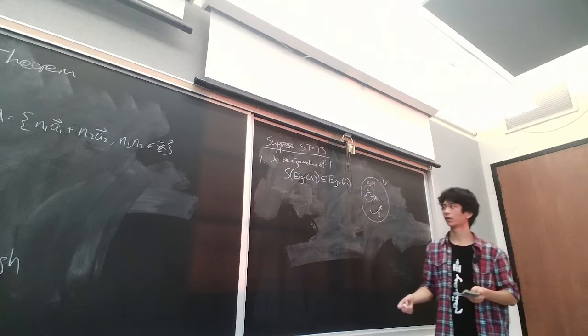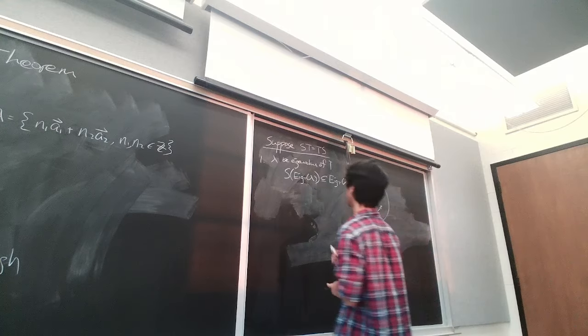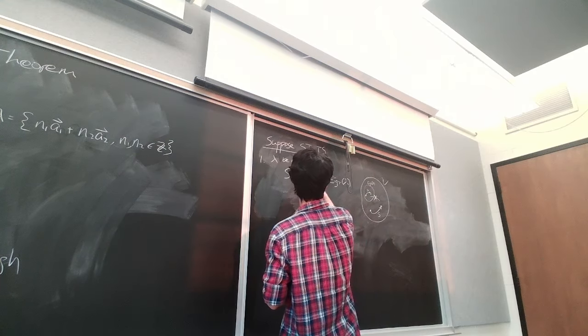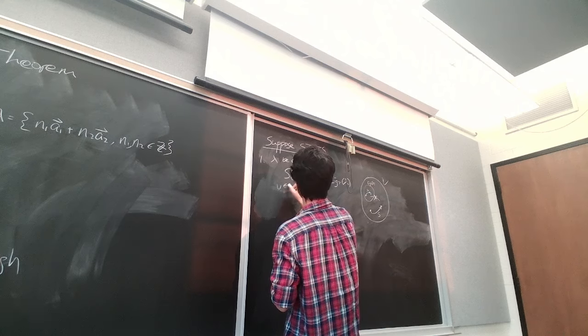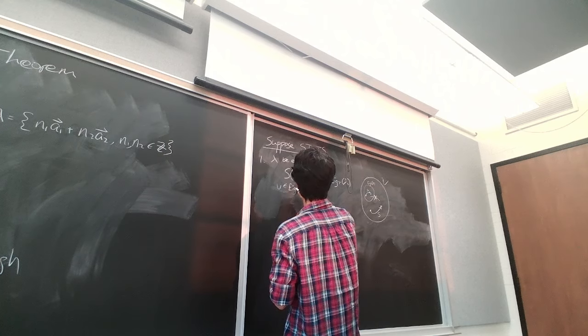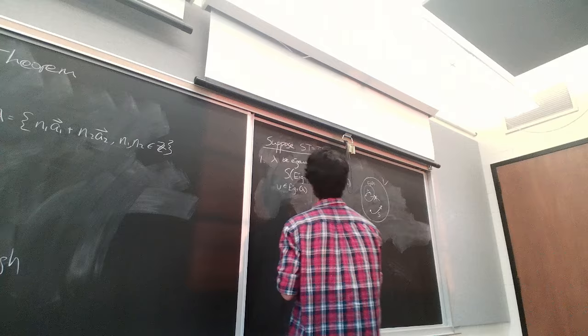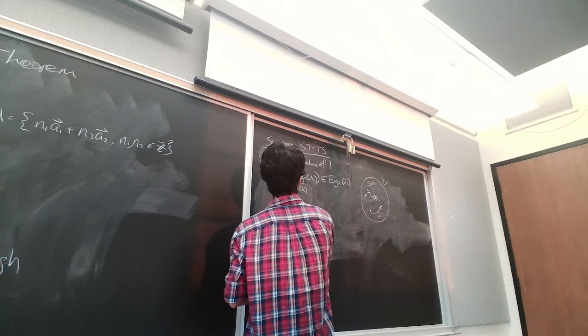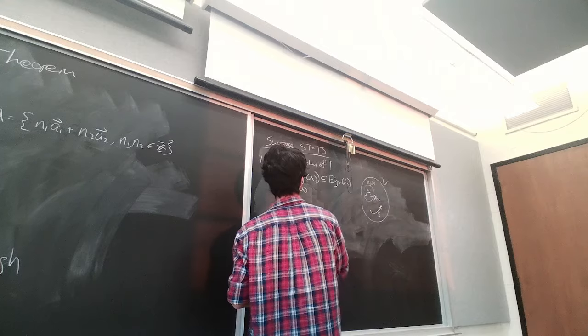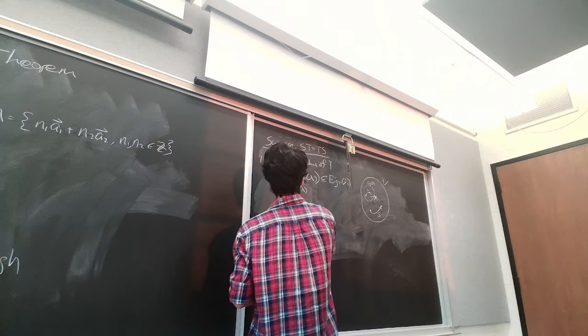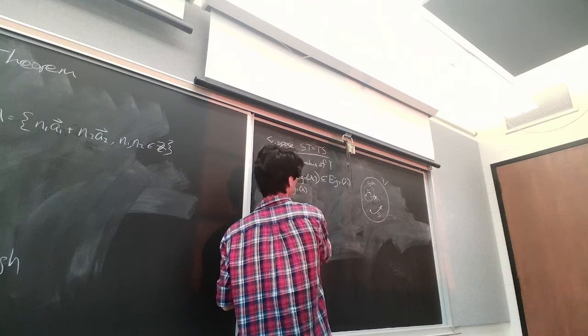Okay, good. So the proof is quite simple. You just assume there's a vector V inside the eigenspace, and then you look at SV and check if it's still inside the eigenspace. So we act T on it.